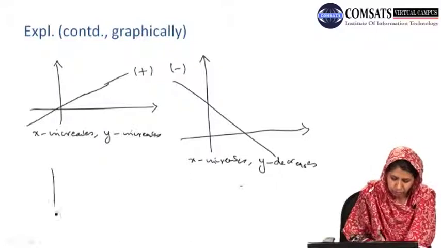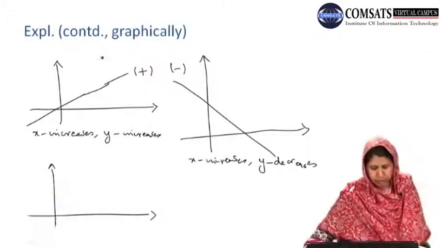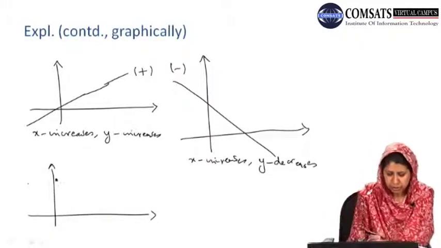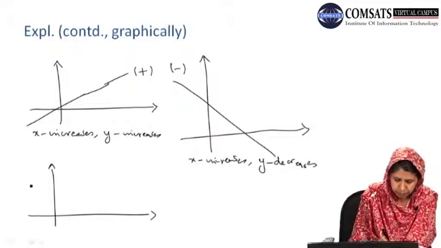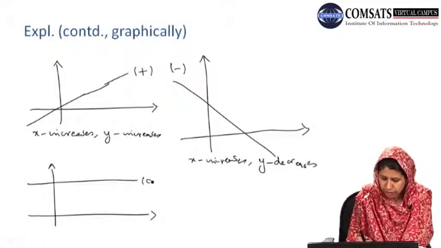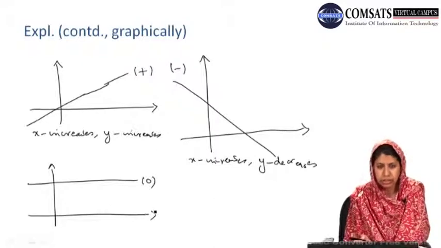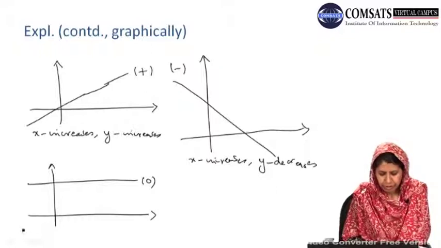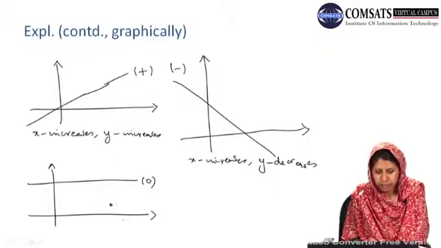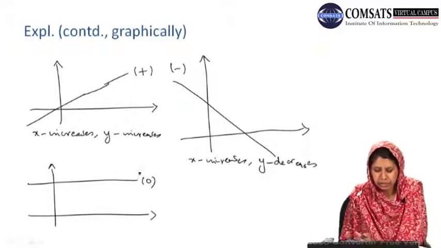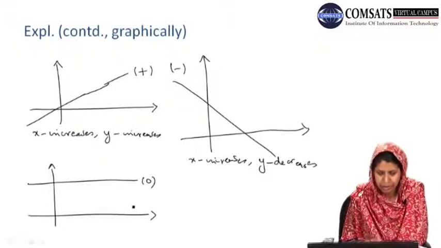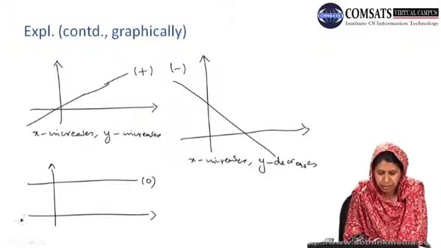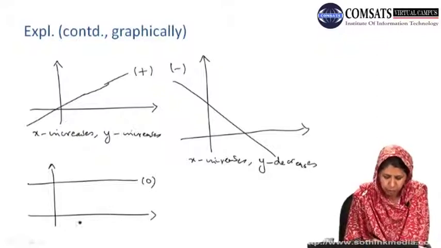Now what do we mean by a line of slope 0? It is this line, a horizontal line, which means that if the value of x increases from left to right, the value of y does not change. Similarly, if the value of x decreases from right to left, there is no effect on the value of y.